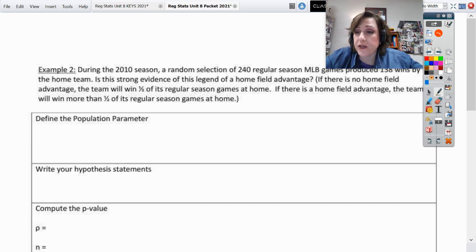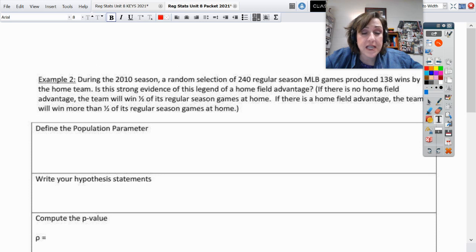All right, this problem says, during the 2010, I think it's MLB season. Okay, so during the 2010 season, a random selection of 240 regular season MLB games produced 138 wins by the home team.